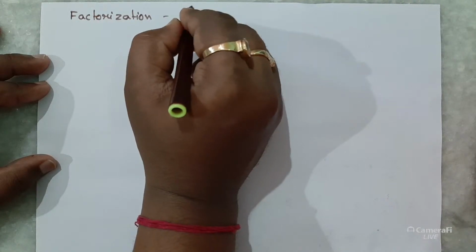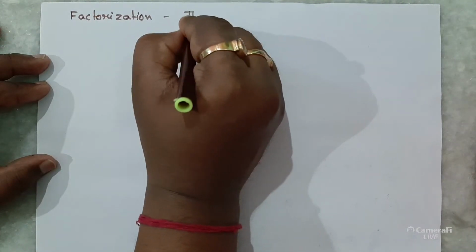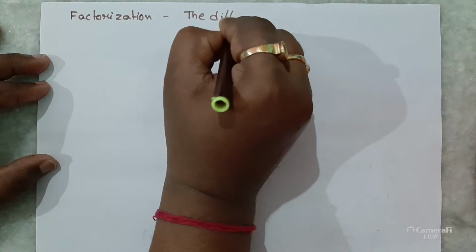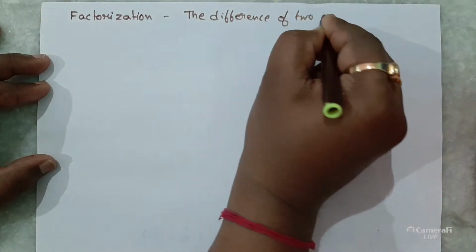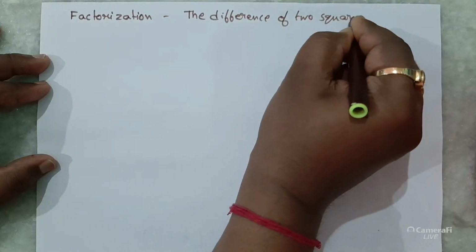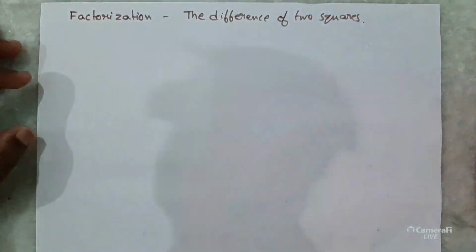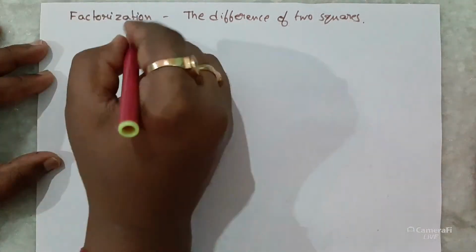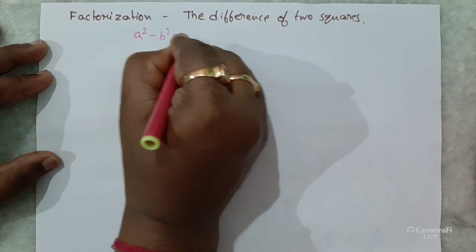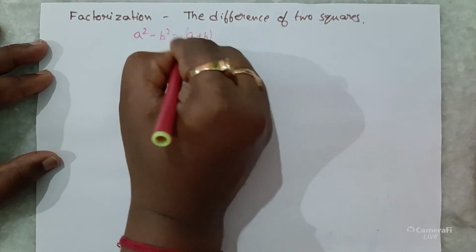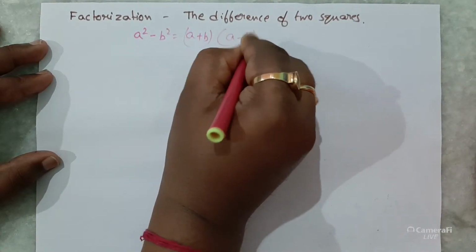The difference of two squares. Now with this, can you remember what formula we are going to apply? We are going to apply this formula: a square minus b square is equal to a plus b into a minus b.